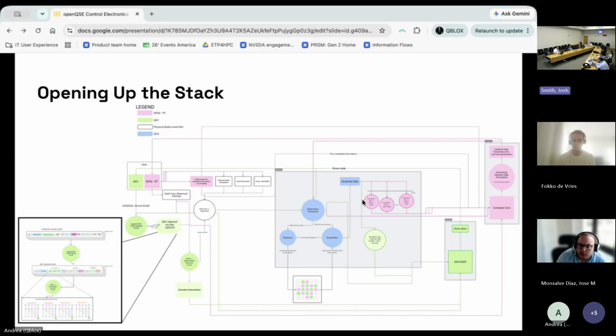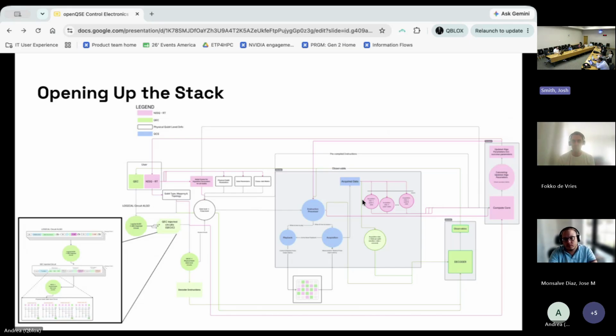There are usually two main things the control stack does: sending information on how to control the qubits, applying gates, and also retrieving information back. And it also processes the information to make sure that, if it's a superconducting qubit, you get a 1 or a 0.